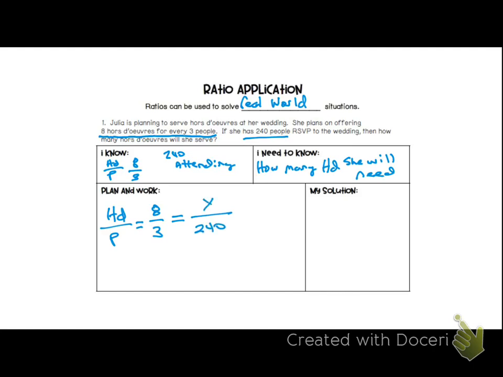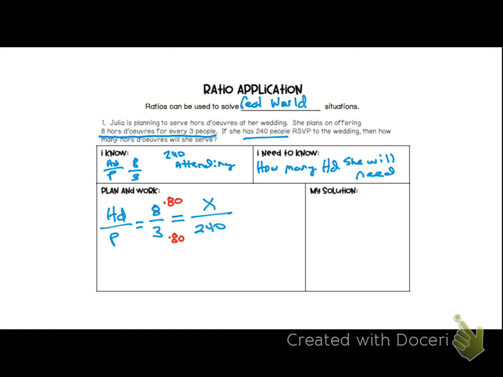What we need to know is X, how many hors d'oeuvres we'll need for that amount of people. Well, looking at it as a multiplier or scale factor, I can see that I can turn 3 times 80 and get 240. So I need to do the same to the top, 8 times 80.